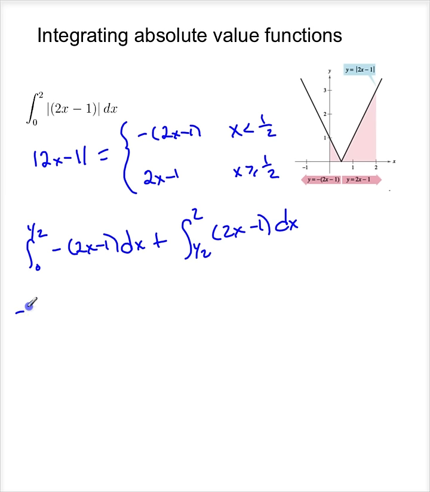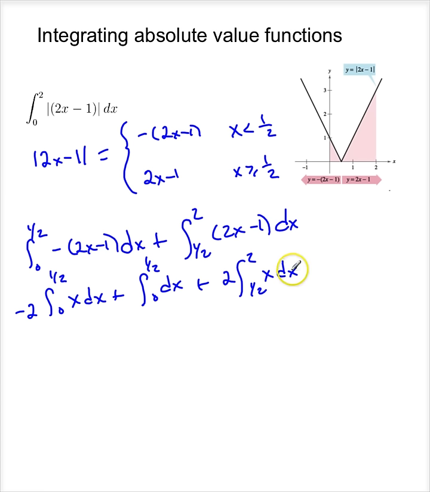This is minus 2 times the integral from 0 to 1/2 of x dx. Minus and minus is plus, so it becomes plus the integral from 0 to 1/2 dx plus 2 times the integral from 1/2 to 2 of x dx minus the integral from 1/2 to 2 of dx.